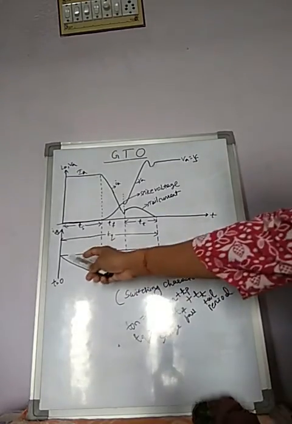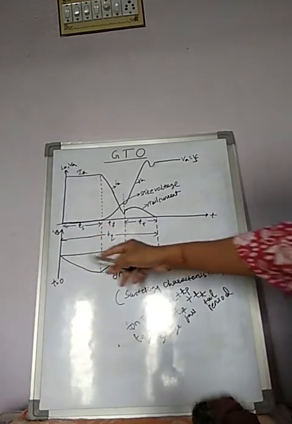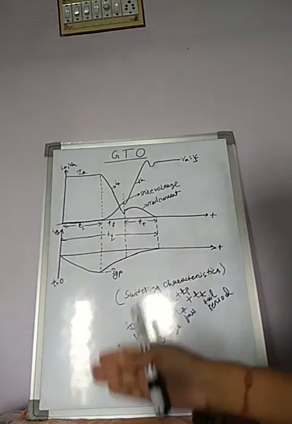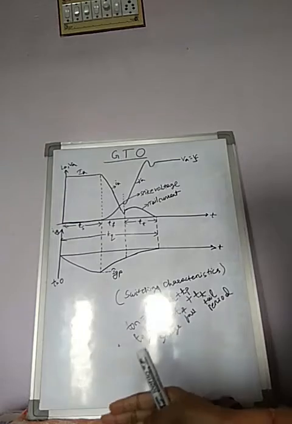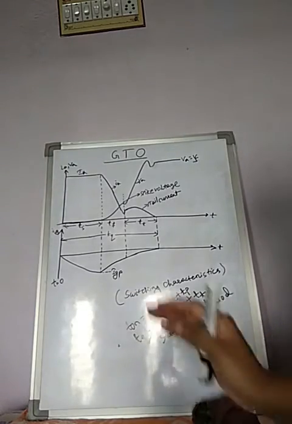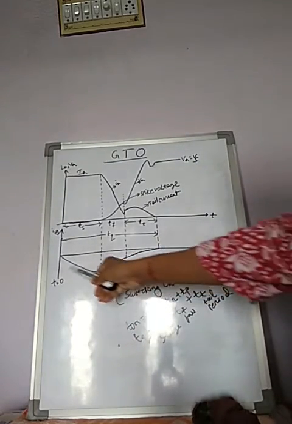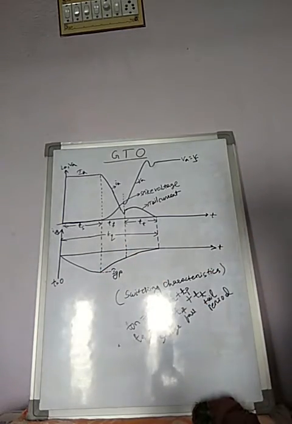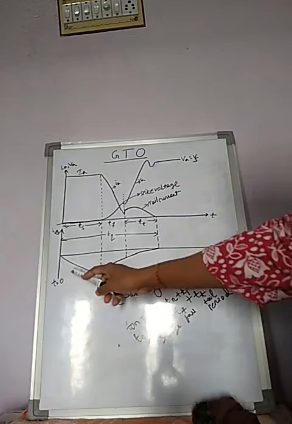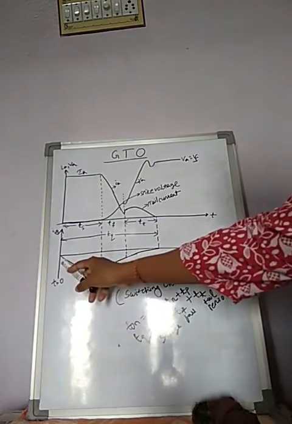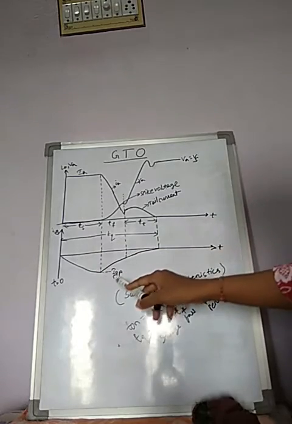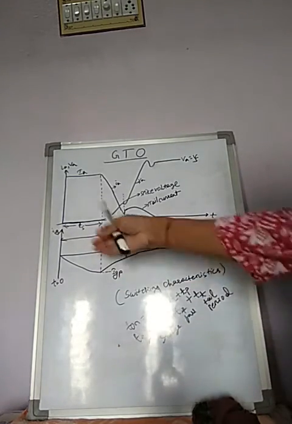The turn off process starts as soon as the negative gate current begins to flow. From t equal to 0, IG is now negative. IG begins to flow in a negative or reverse direction.